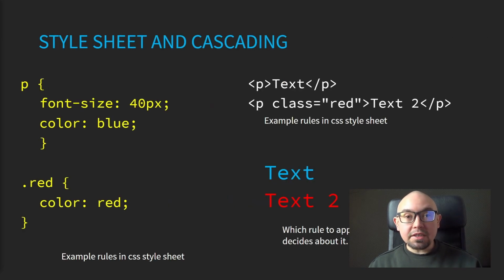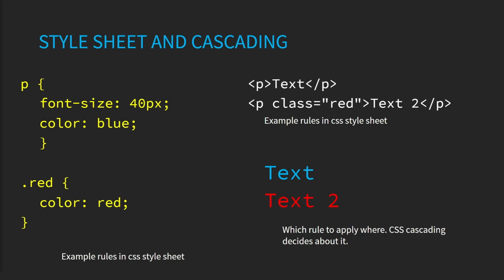Let's see what it looks like in an example. Style sheet and cascading. We have two rules, p and red. They have certain properties and values inside them. So we want p to be 40 pixels and blue. On the right, we have the example from HTML, the p tag text and the p tag text2, which has a class. Our first rule matches both p tags. So in theory, both texts should be blue.